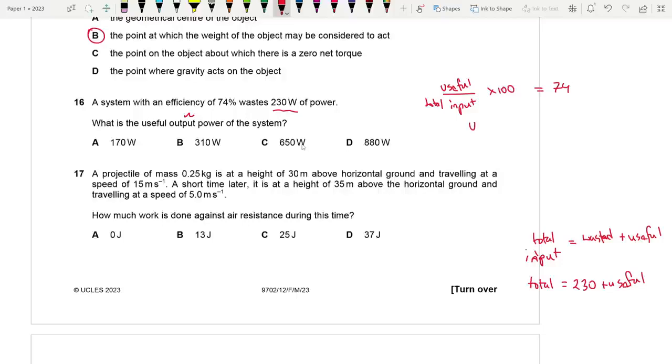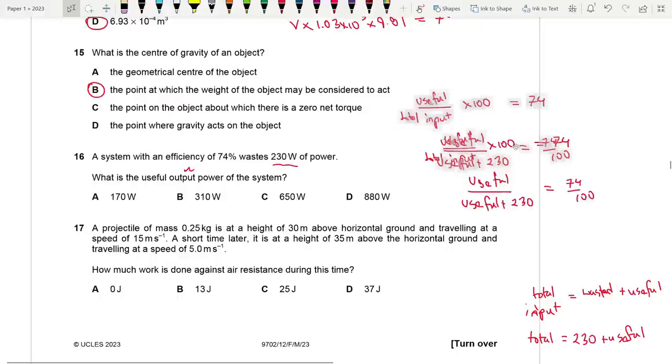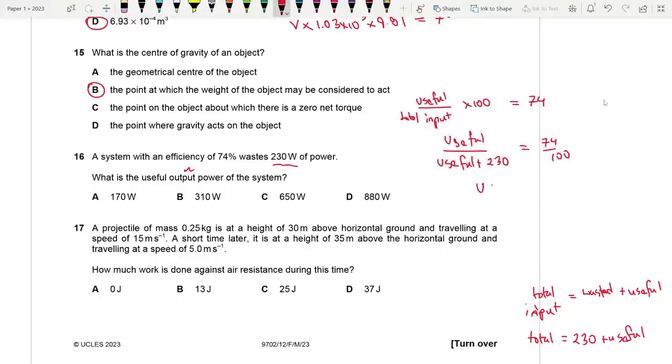So can I write that useful divided by total, which is useful plus 230, is equal to 74 by 100. So let's do the math. I'm going to write it as u times 100 is equal to 74u plus 230 times 74, which is 17020.